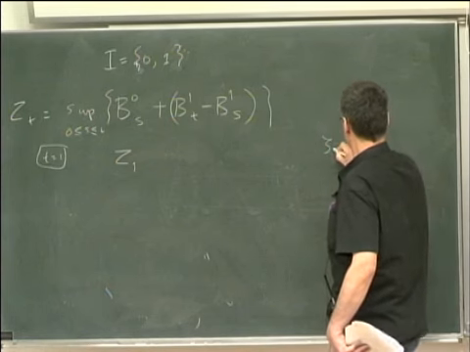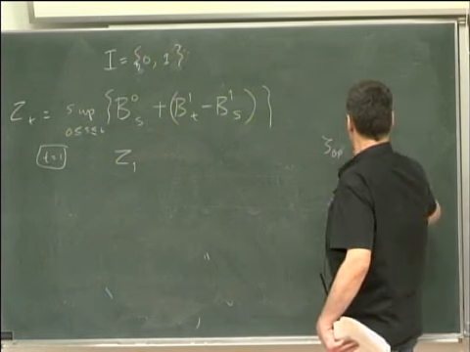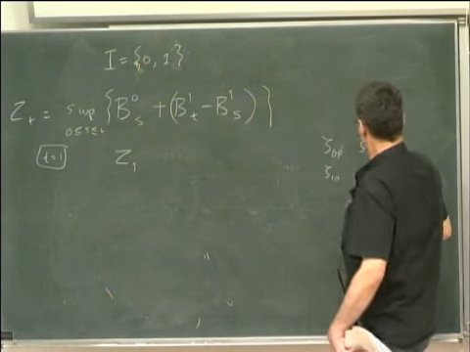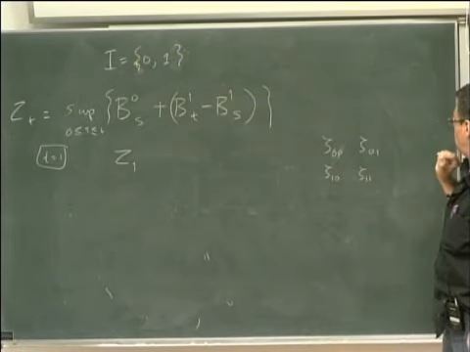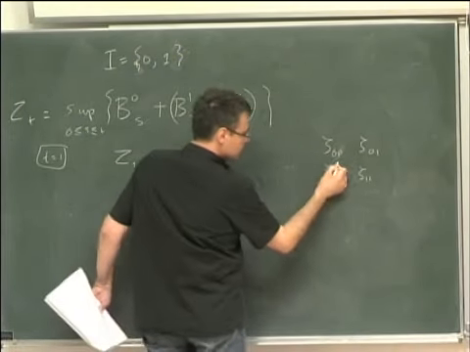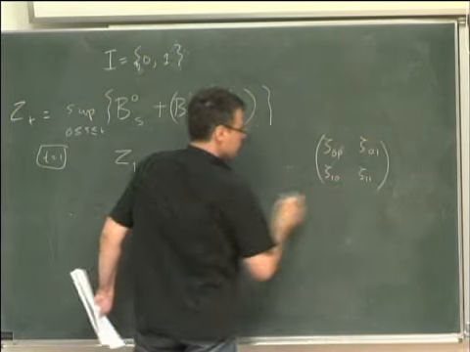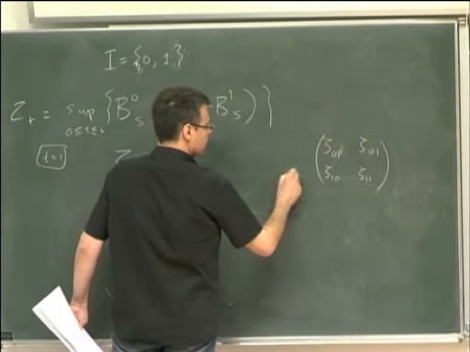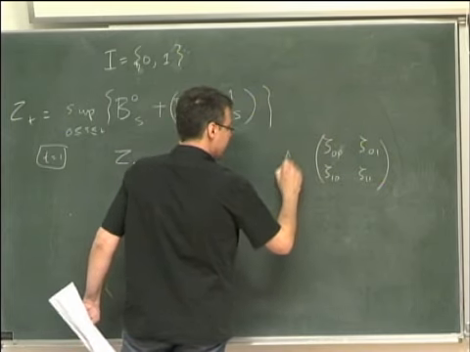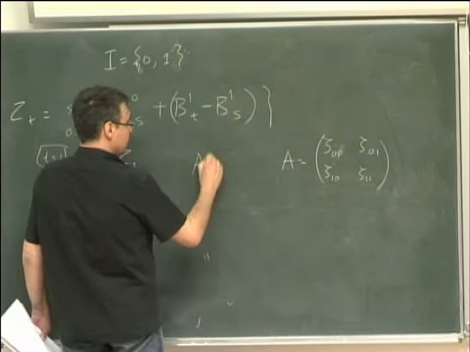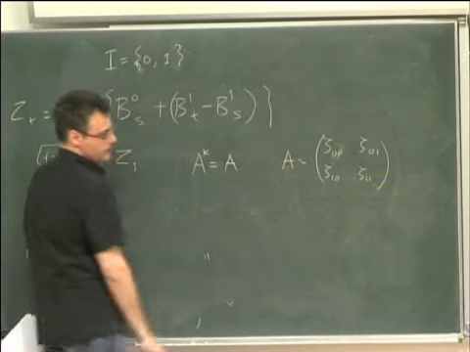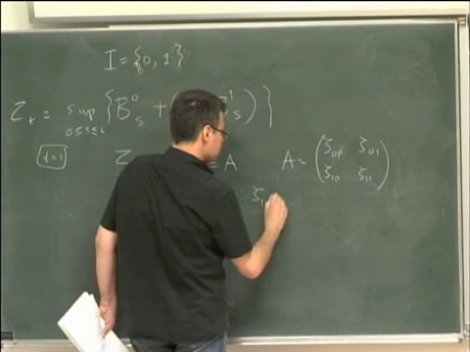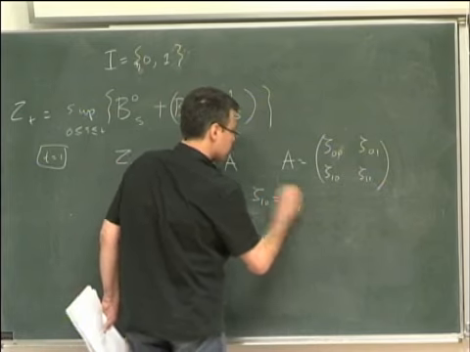entries ζ_{00}, ζ_{01}, ζ_{10}, ζ_{11}. It's a matrix of complex random variables, and let's call this matrix A, with A star equal to A. So this random variable here is the complex conjugate of this random variable.